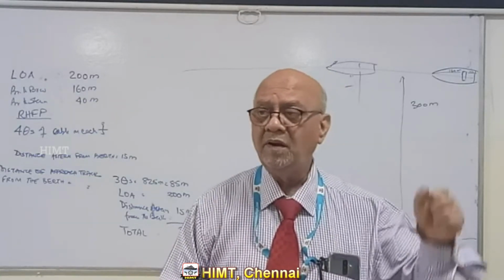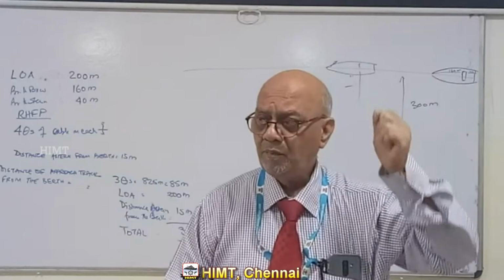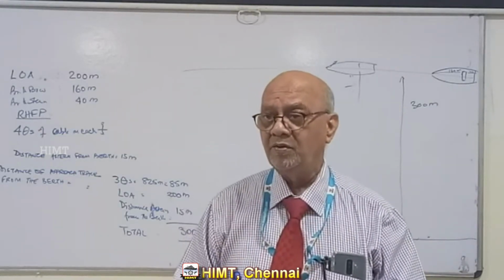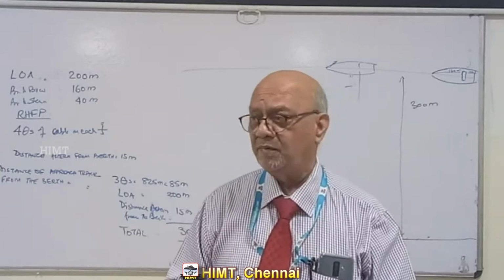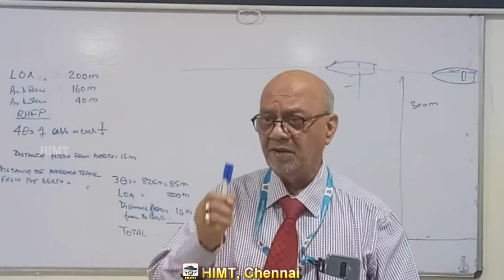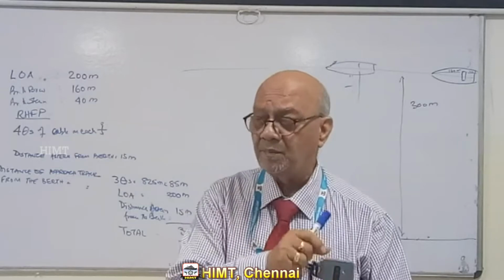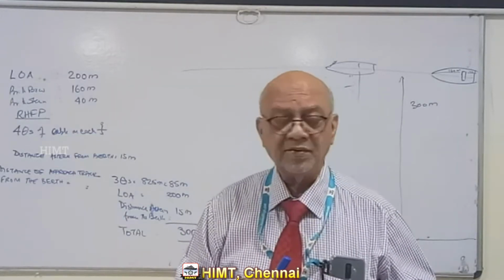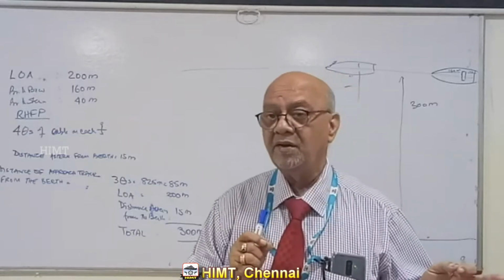This is the time you let go the port anchor, again ensuring at least 2 shackles in water. Doesn't matter if it still piles up a little. What I want is not to let this anchor dredge.